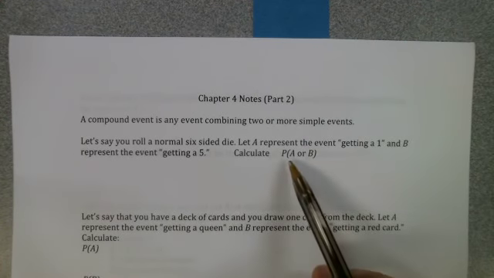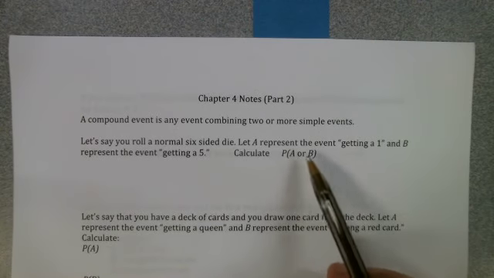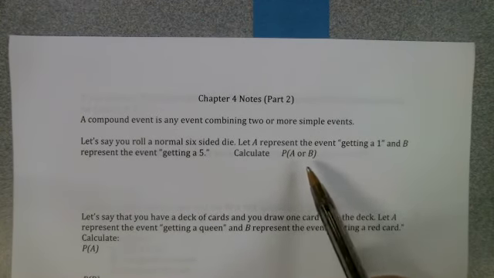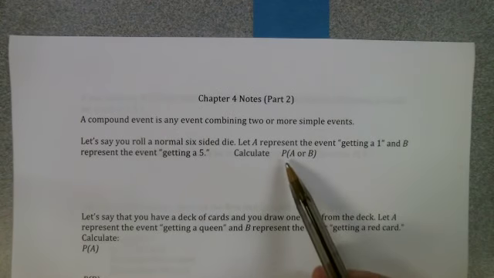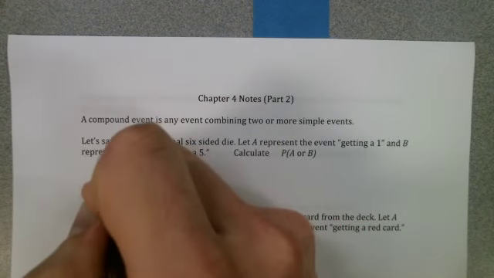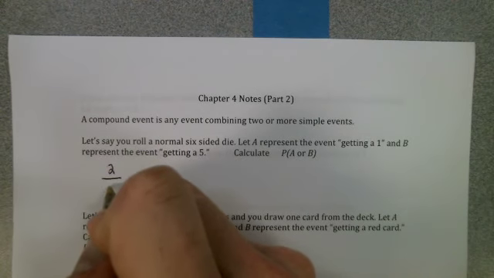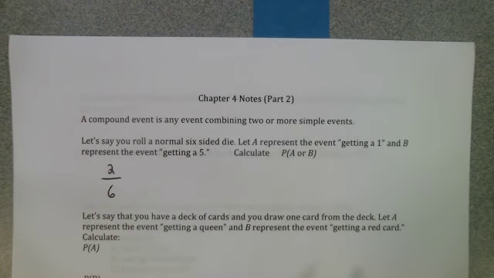So I say calculate P of A or B. In other words, calculate the probability of A or B happening. In other words, calculate the probability of getting a 1 or getting a 5. All right, well, the probability of getting a 1 or a 5 will be 2/6.